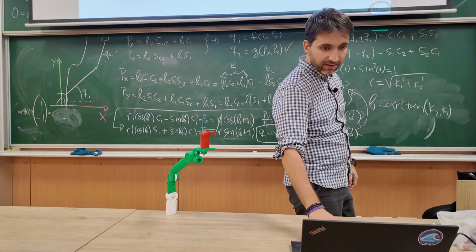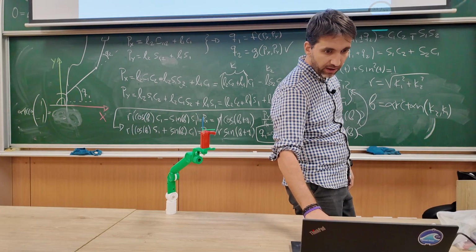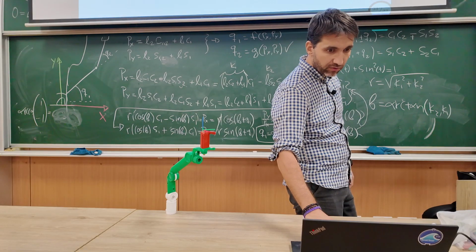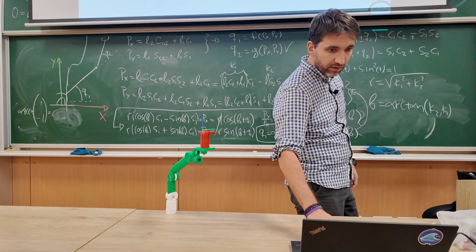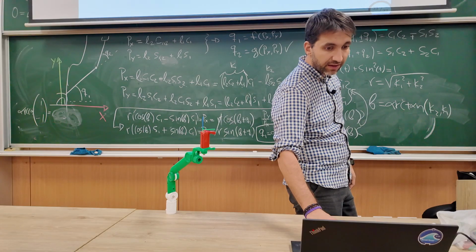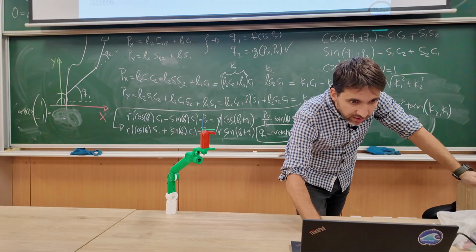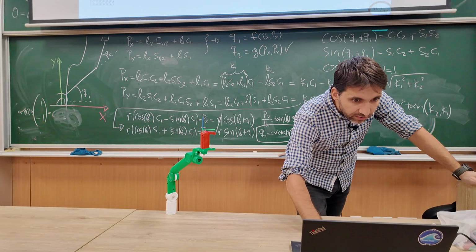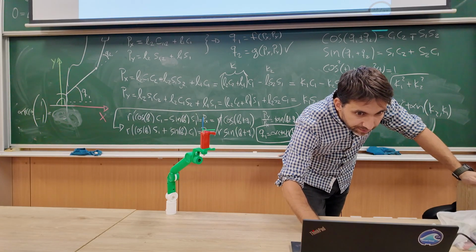So if we go to our initial big triangle, we know that the tangent of y over x will be this angle, which happens to be q1 plus theta.